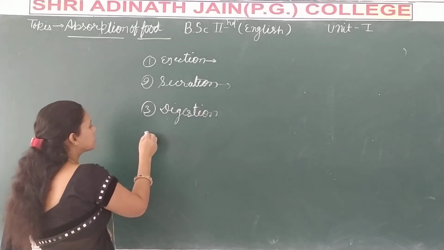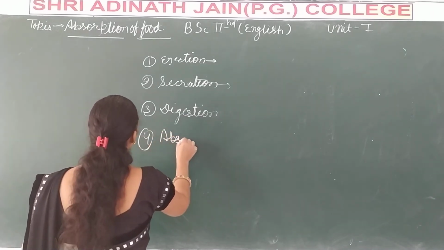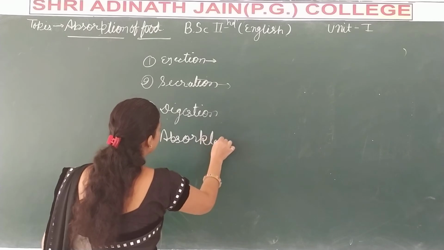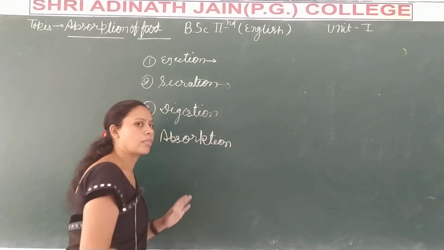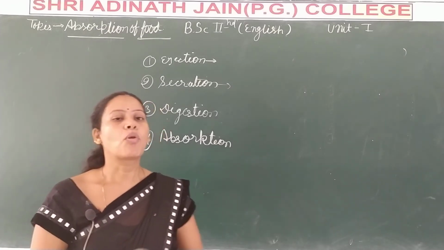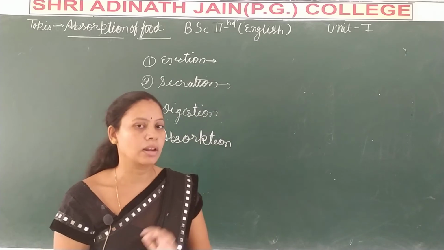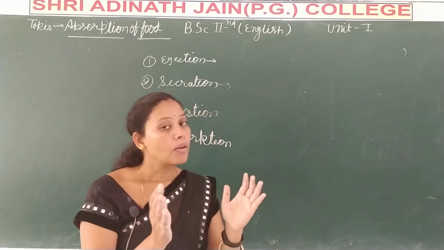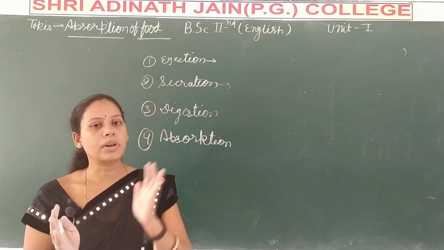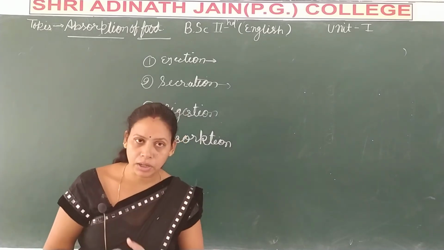When the food is digested, the fourth step is absorption. It means that most of the food material is absorbed in the small intestine.